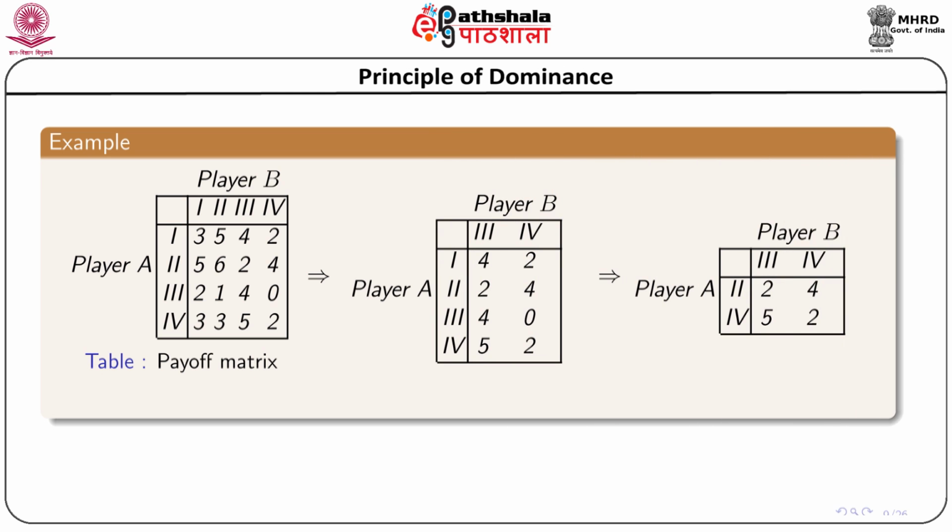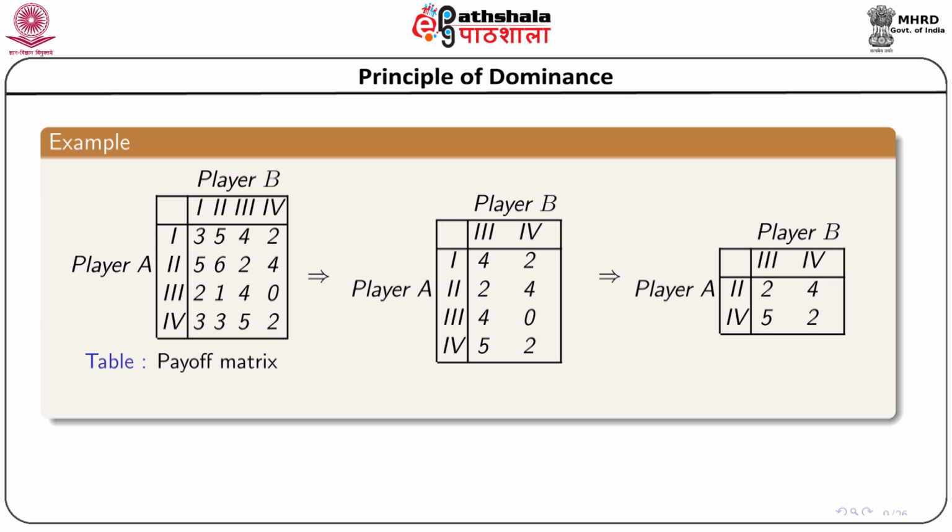The first table in this slide shows the pair matrix for player A. Player A has 4 courses of action and player B also has 4 courses of action.